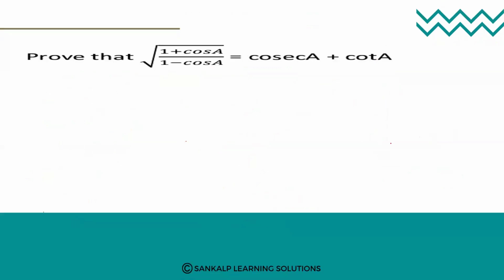Next, prove that (1 plus cos A) divided by (1 minus cos A) is equal to cosec A plus cot A. Yes, how to prove it?